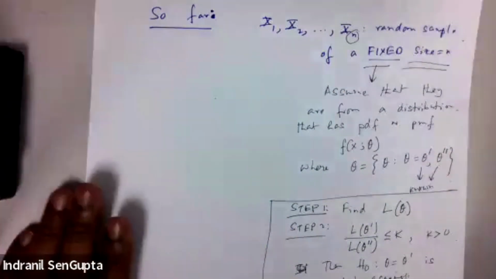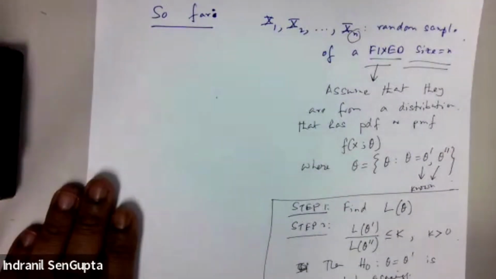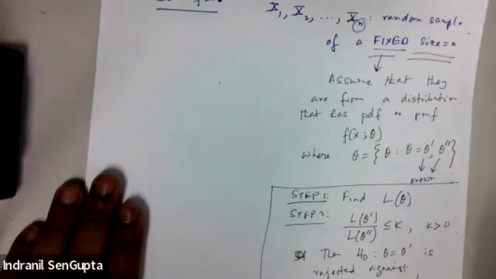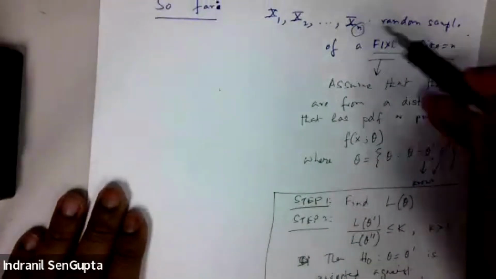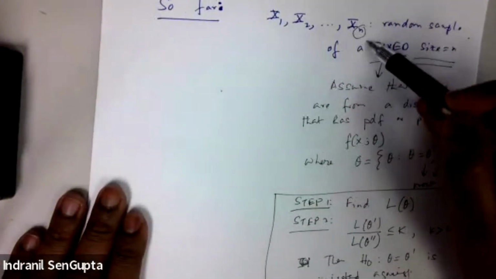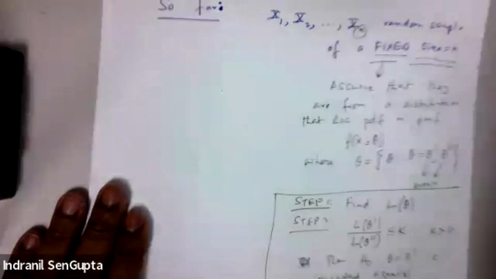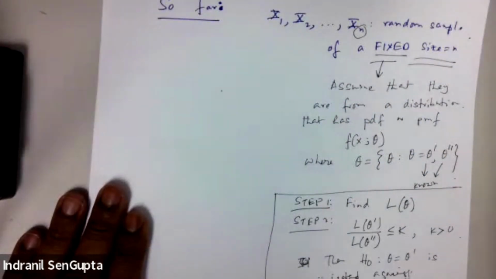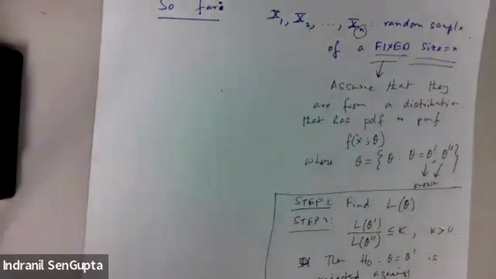In this section, we'll try to make this assumption relaxed. What we'll be doing is we'll be supposing that the sample size n will not be fixed in advance.